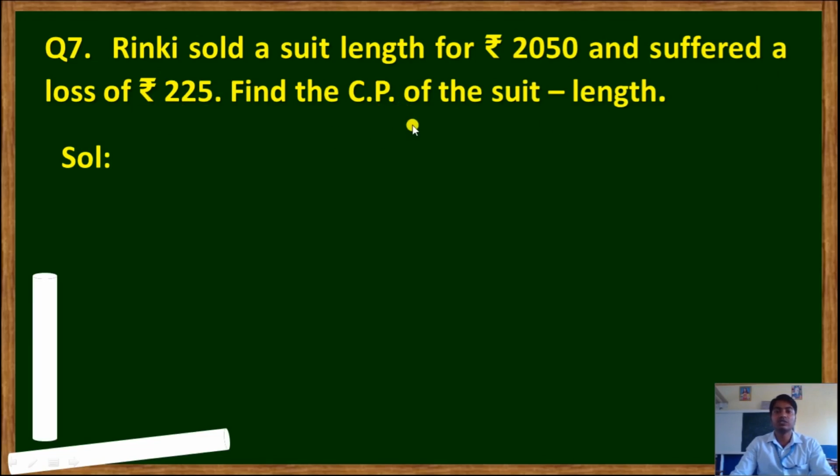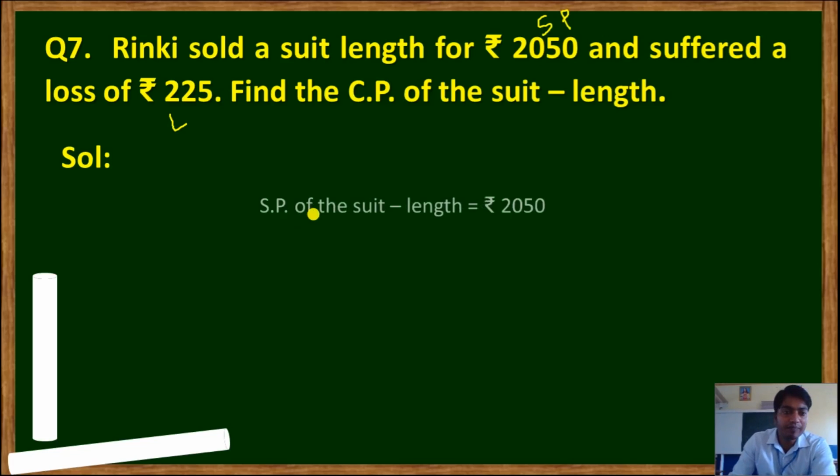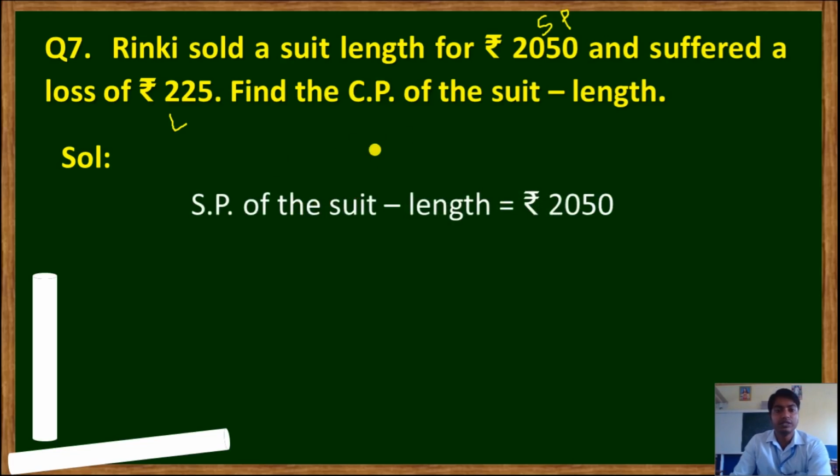So 2050 is the selling price, SP, and 225 is the loss.